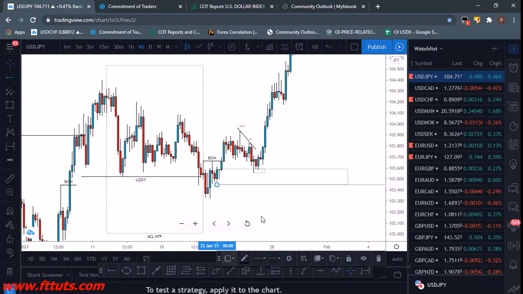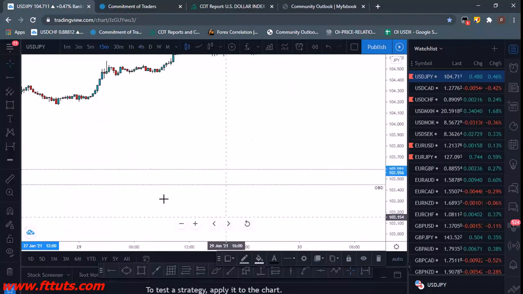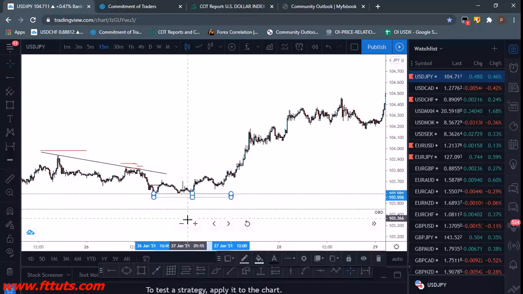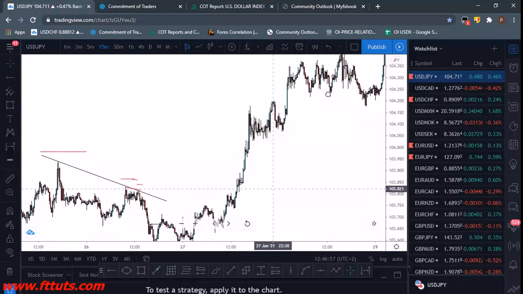Let me just say this is an OBD, because this is a direction. OBD is for order block direction. Okay, and then it was up on this high here. Then this one, which is only 15 minutes, is for entry. So I can just draw it like this one, because it's for entry.